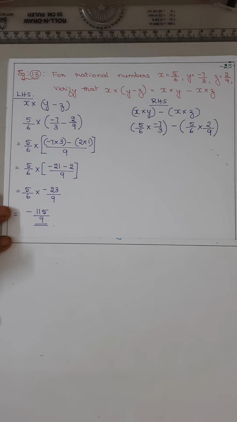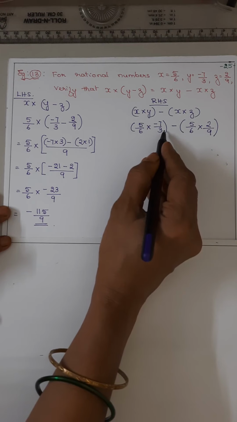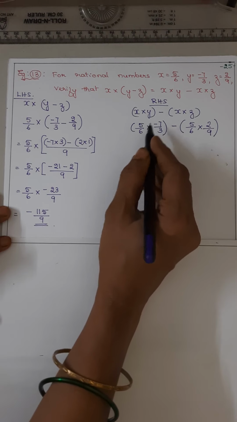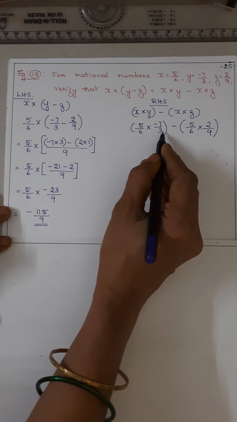Okay. अभी 5 and 6 not possible, 5 and 3 not possible, 7 and 6 not possible, 7 and 3 not possible.